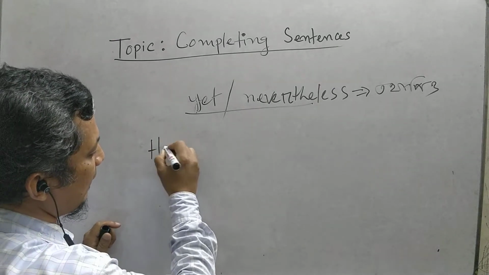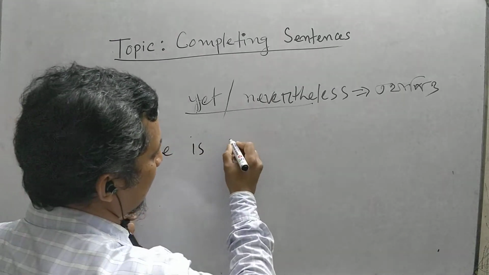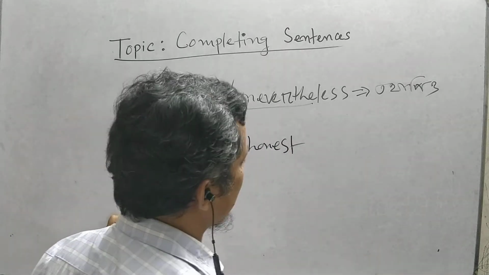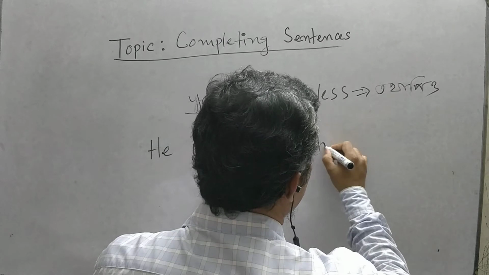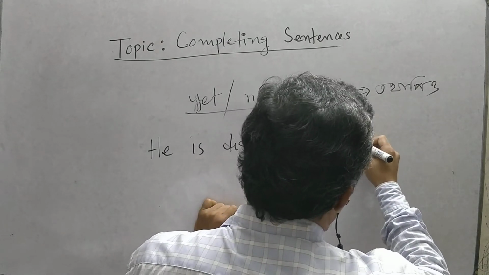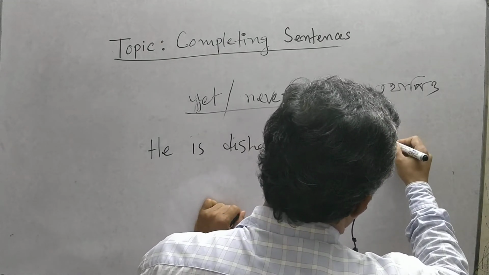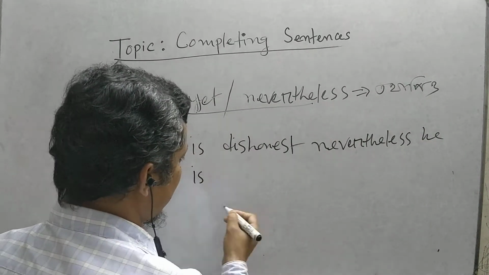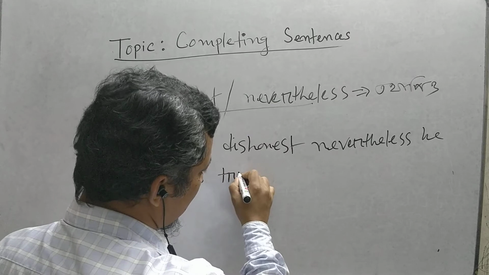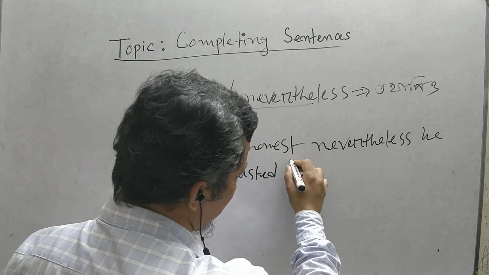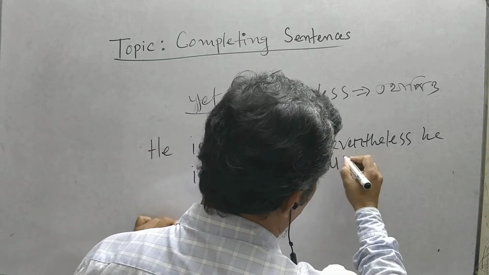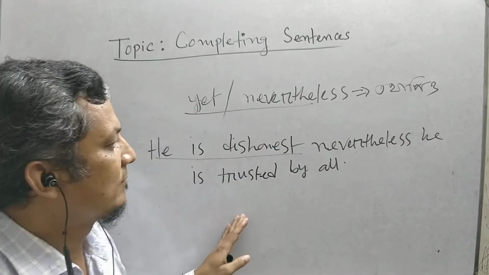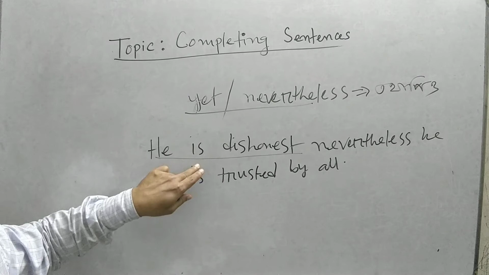Suppose: he is dishonest. Nevertheless, he is trusted by all. It is in present indefinite tense.